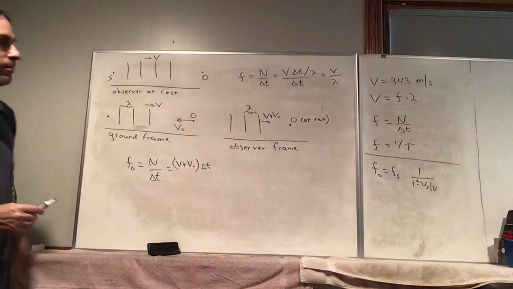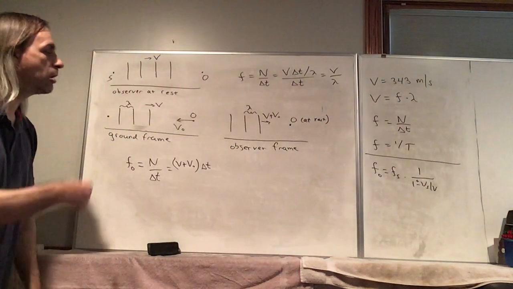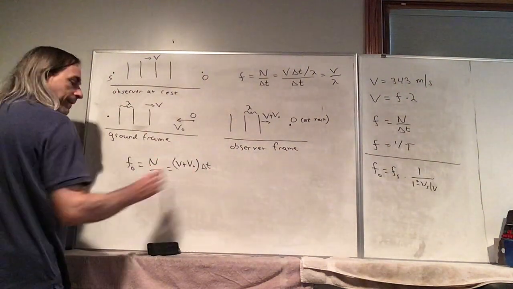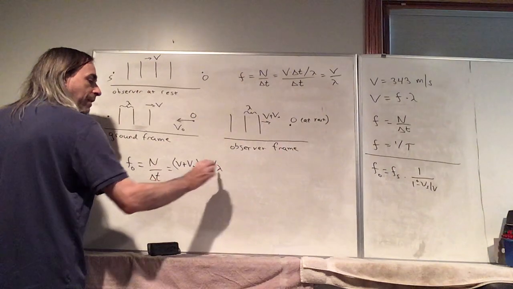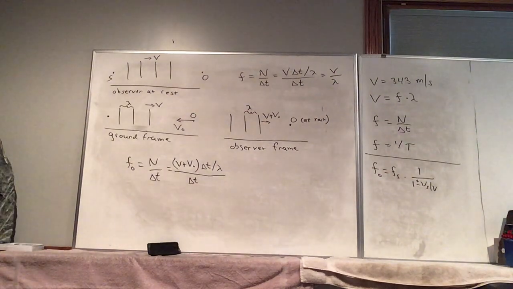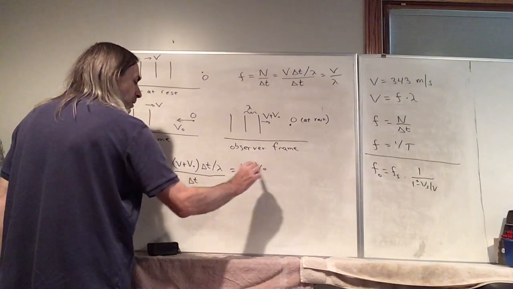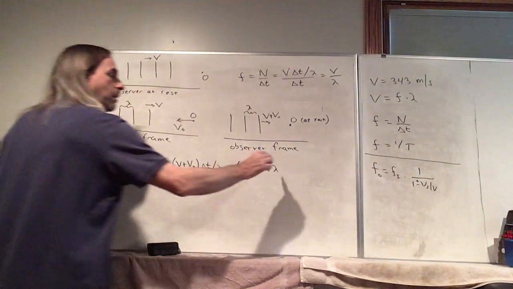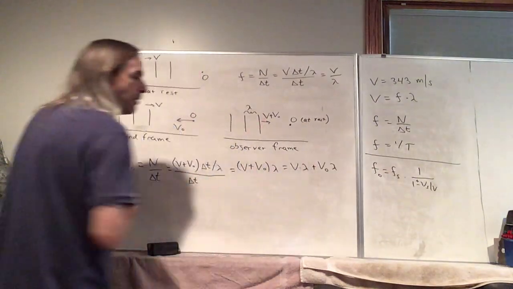Remember, we're looking at the observer at rest, and these wavefronts are moving towards the observer at this speed. So the whole pattern is going to move this distance in that time delta t. Again, we divide by the wavelength. And because we have delta t in the bottom, that cancels out. So what we have is v plus v0 times lambda, or v times lambda plus v0 times lambda.